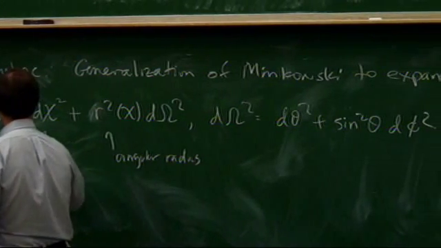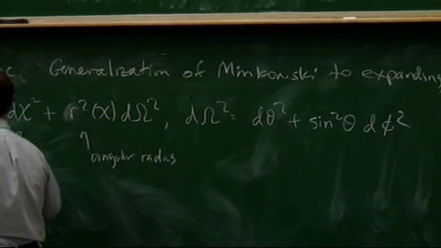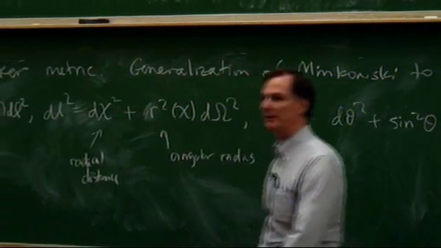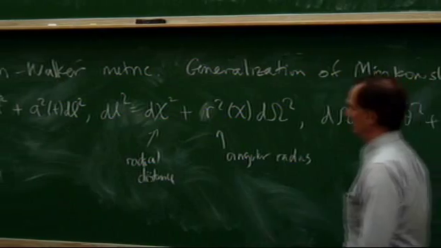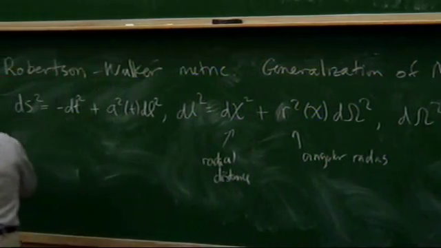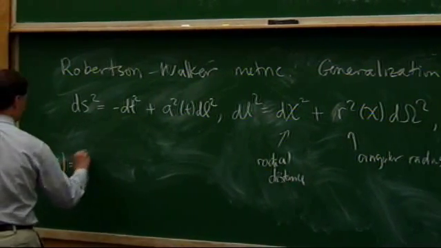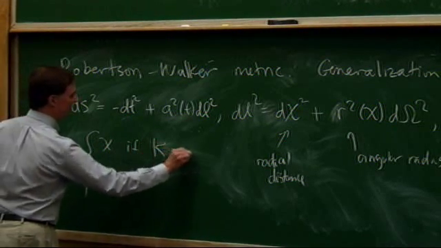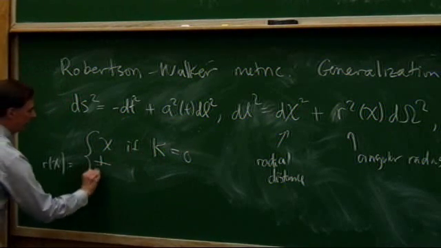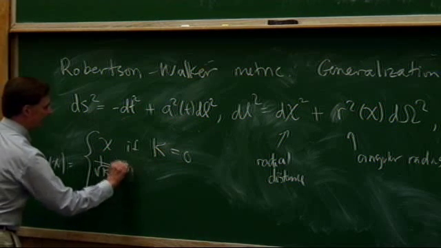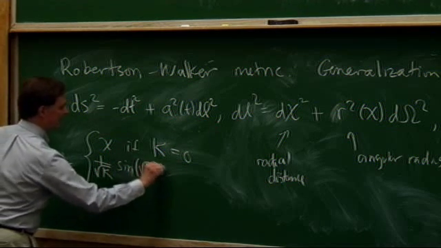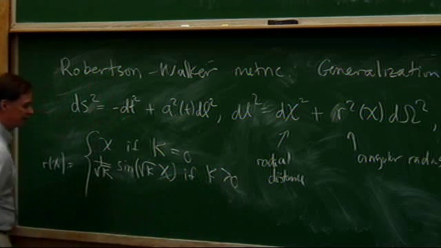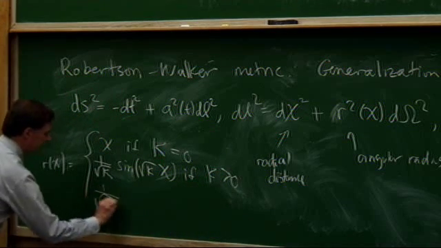This is the radial distance, or the radial coordinate, in the Robertson-Walker space. And this function r of chi has three choices. It's chi if the spatial curvature is 0. It's 1 over the square root of k times the sine of the square root of k chi if k is greater than 0. And it's the analytic continuation if k is negative.